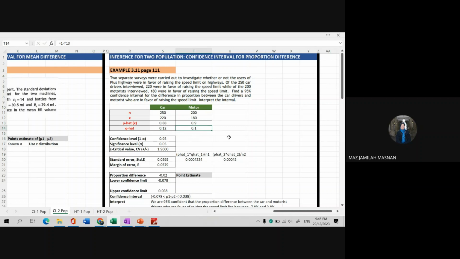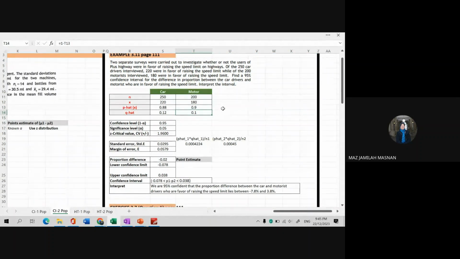And what will be the point estimate for the difference of the two proportions? The point estimate is the proportion difference, p1 minus p2, and it is negative 0.02.